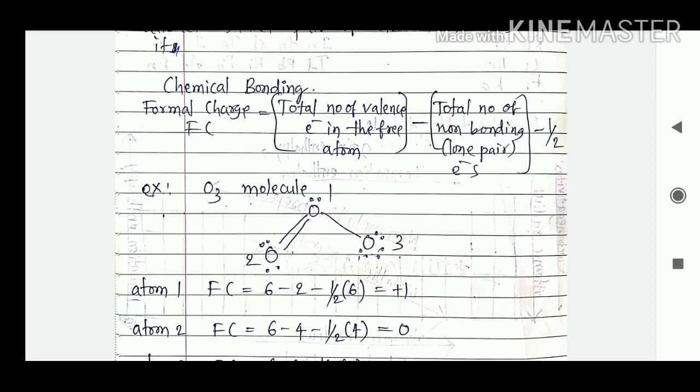Here 3 bonds are formed, so 3 into 2 gives 6 electrons. So 6 minus 2 is 4, minus 3, which equals +1. So the charge on this oxygen is +1.